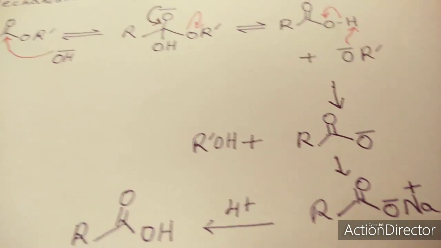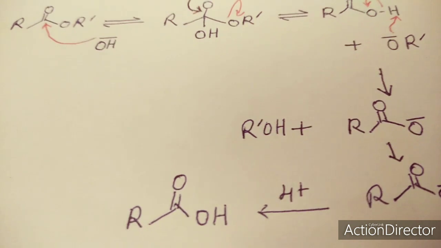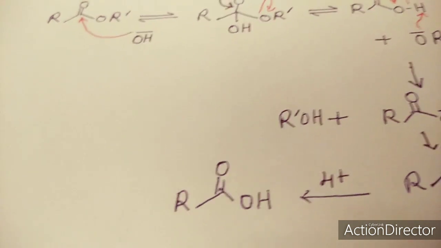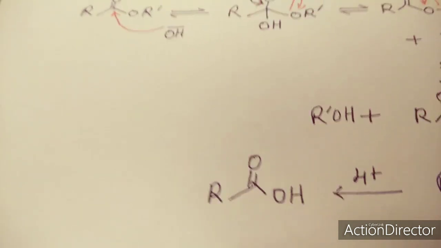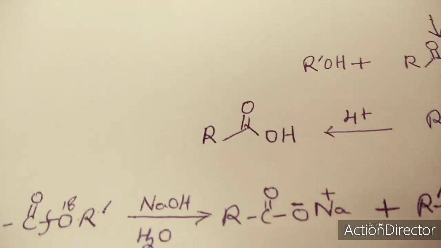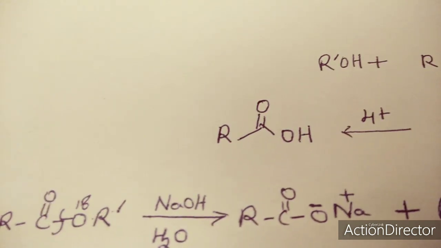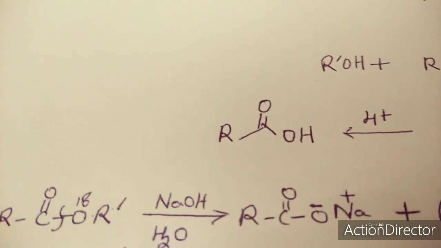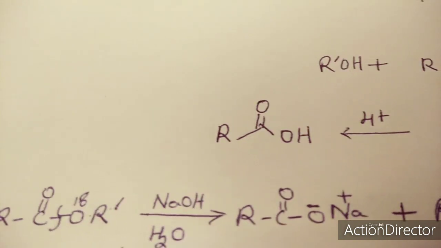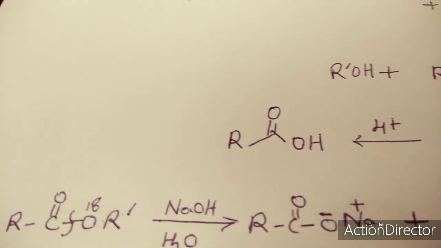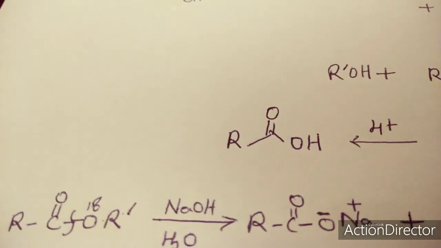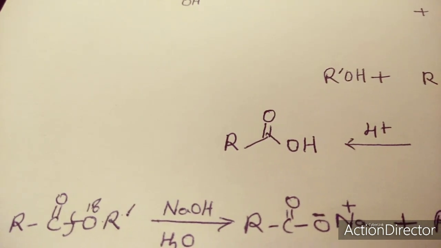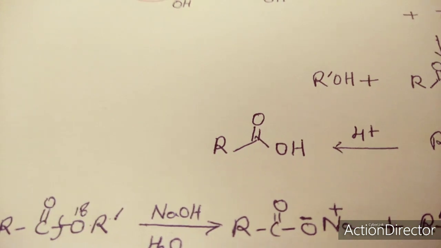RCOOH. Once again, in this mechanism, like the earlier one, there is fission of the acyl oxygen bond, which can be very well predicted. How? Because we know if we take the labeled oxygen of RO dash negative, the RO dash is the portion which is formed from the alcohol, therefore we will see that on hydrolysis, we will get R-O18H.